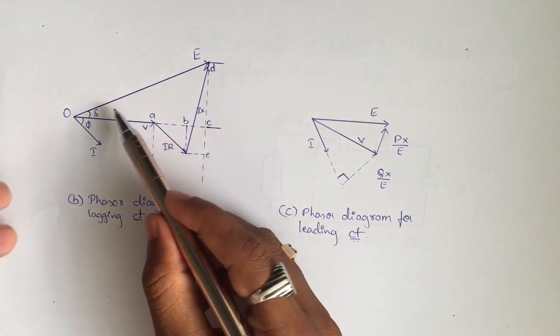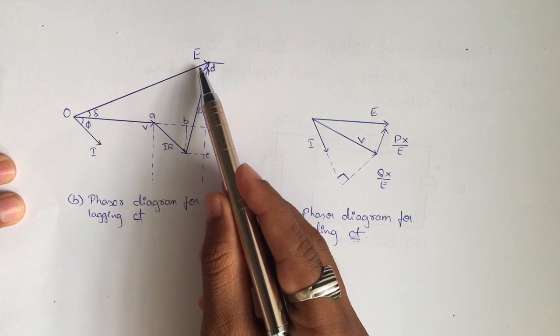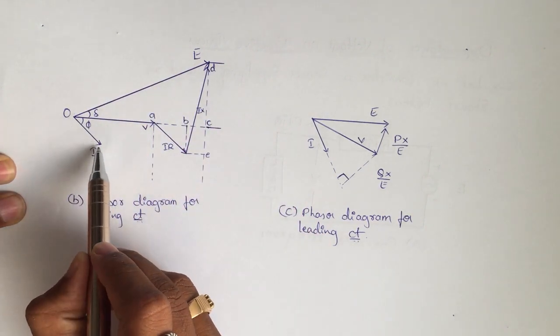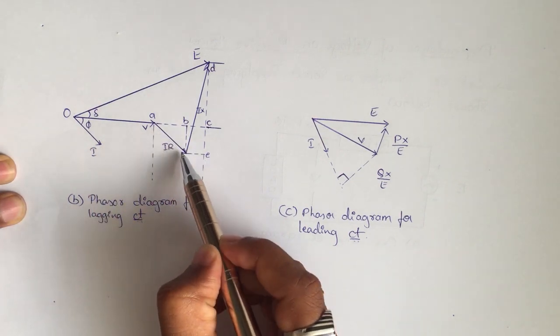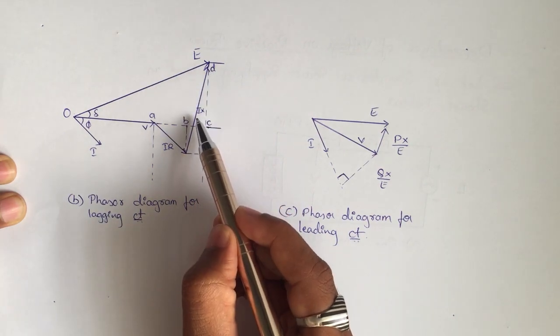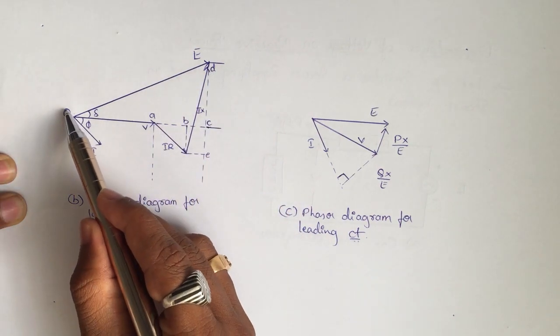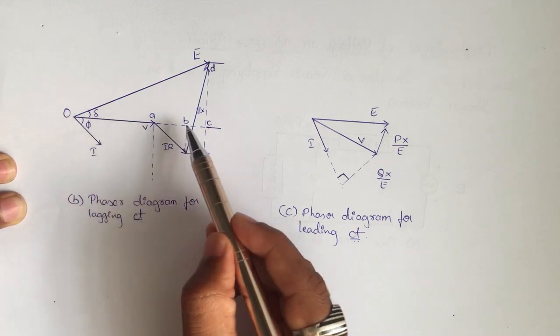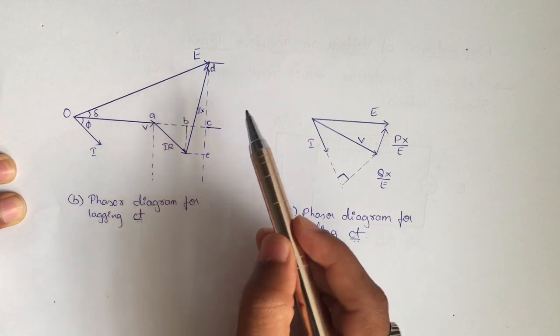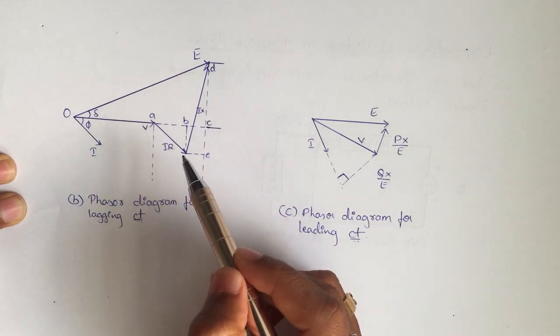Here we can see the source voltage, load voltage and the load current. Here we have IR, which is lagging, and here it is IX. Triangle OCD is a right angle triangle here.